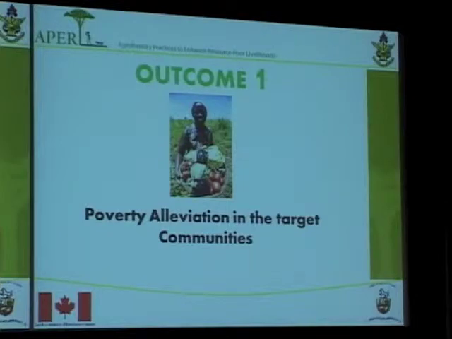I'll look at outcome number 1 in detail. The lady that you see in the picture with food, Rejoice Akosua. Now Rejoice is able to smile because she has a basket full of food.